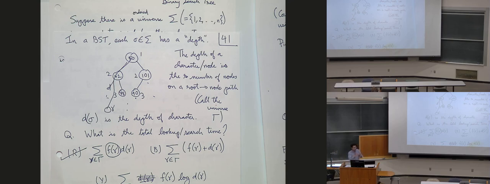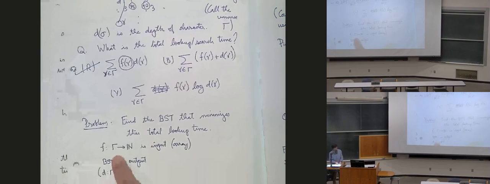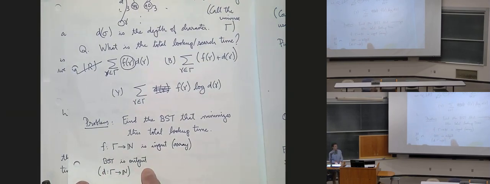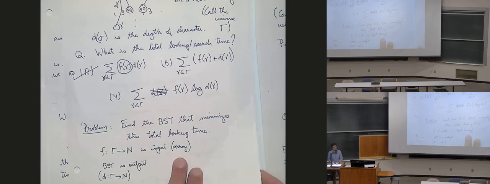The tree that you're building is basically figuring out what the depths should be. So the frequency is like a table of how many A's, B's, C's, G's. Exactly. Which is what I said here, right? F is the input, the BST is the output. Yeah? Okay.